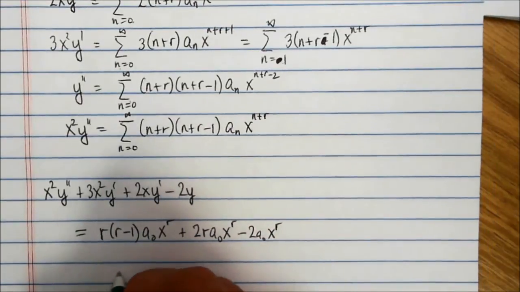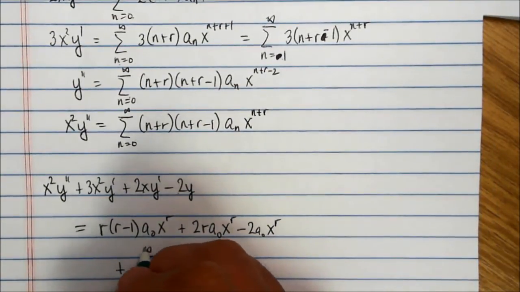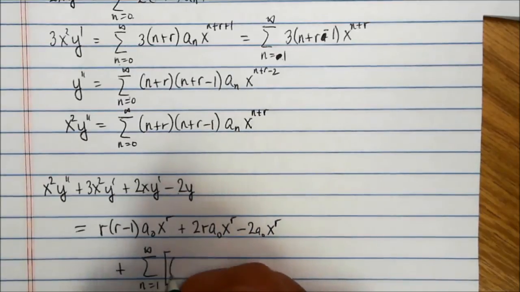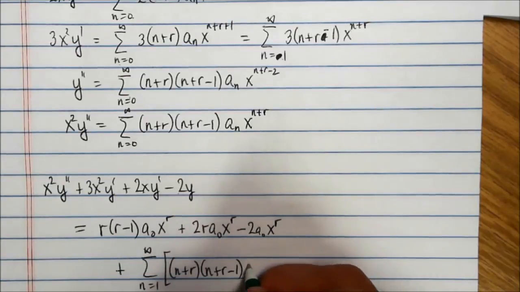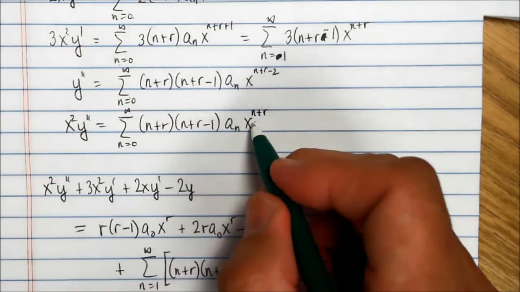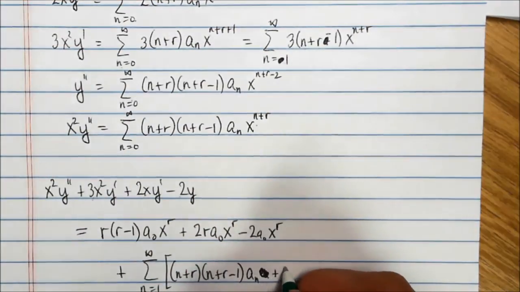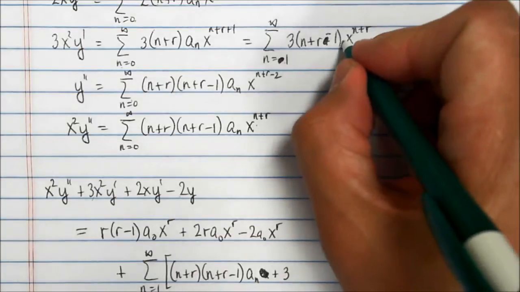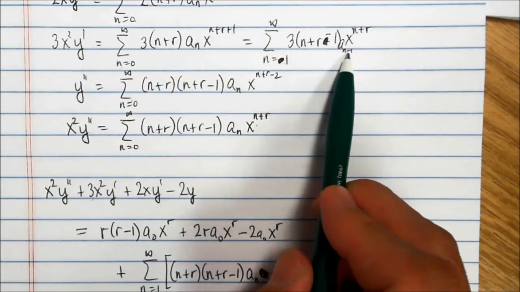Okay, then I have plus the summation from n equals 1 to infinity of (n plus r)(n plus r minus 1) a sub n x to the n plus r. I'll put that in last. Then I have plus 3. I forgot the a sub n minus 1 here, I apologize.